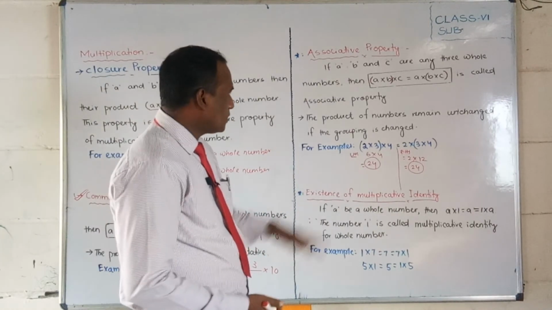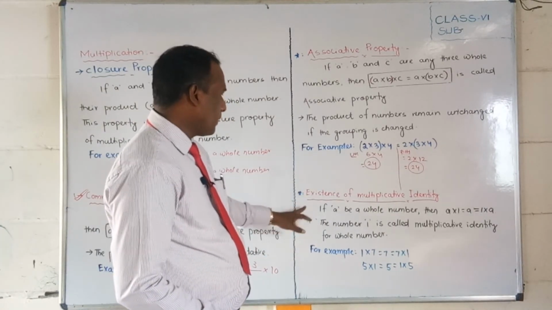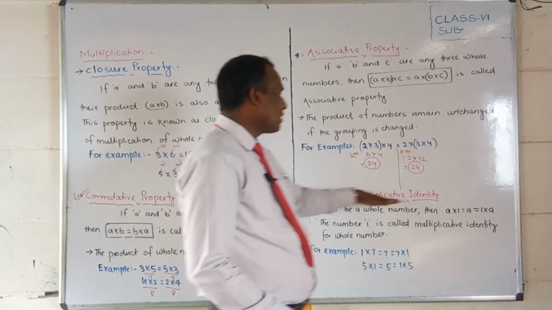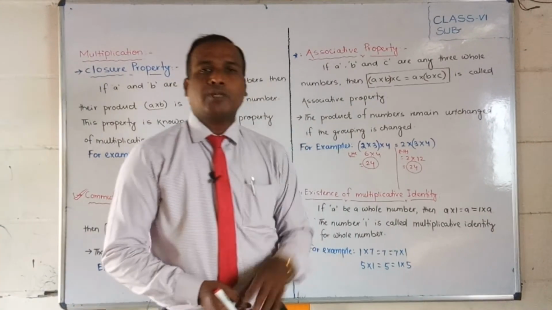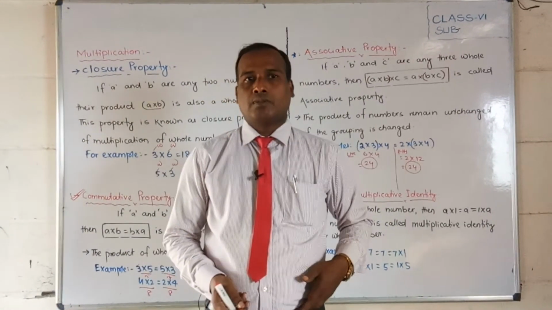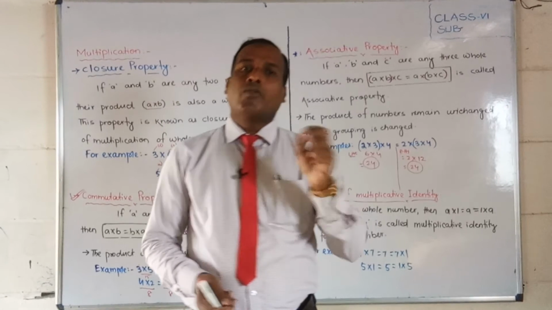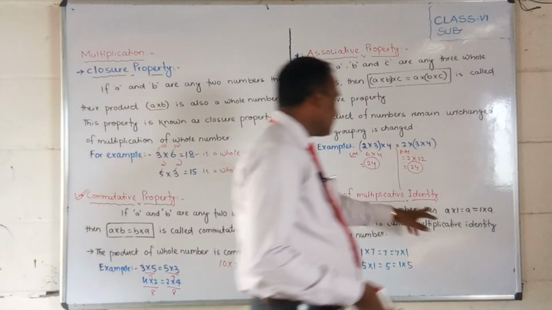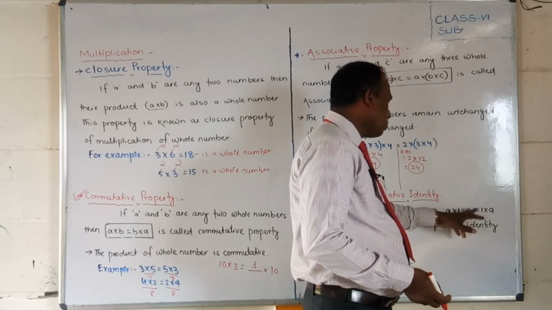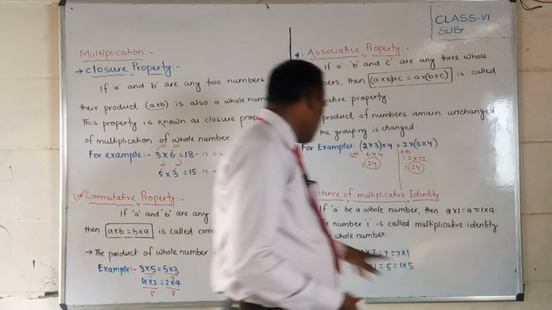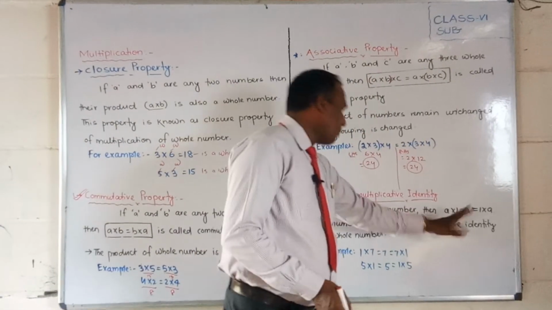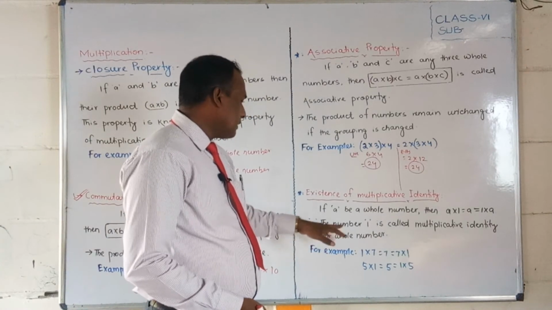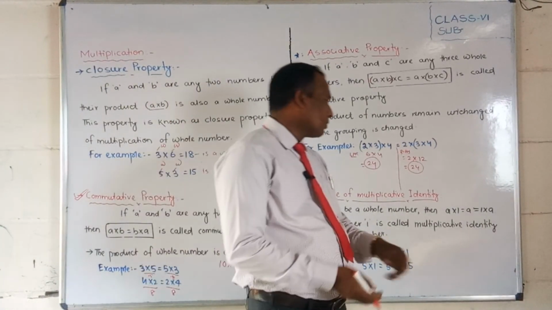Okay. Now friends, another property is the multiplicative identity. The multiplicative identity is always 1. Remember, students, the multiplicative identity is 1. So if A is a given whole number, then A into 1 is equal to A, which is equal to 1 into A. The number 1 is called the multiplicative identity for whole numbers.